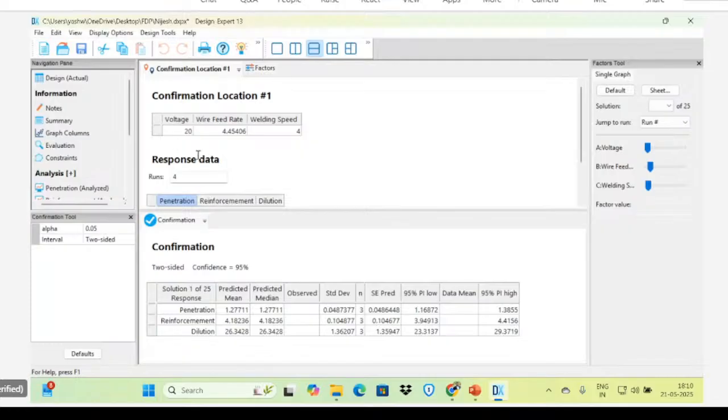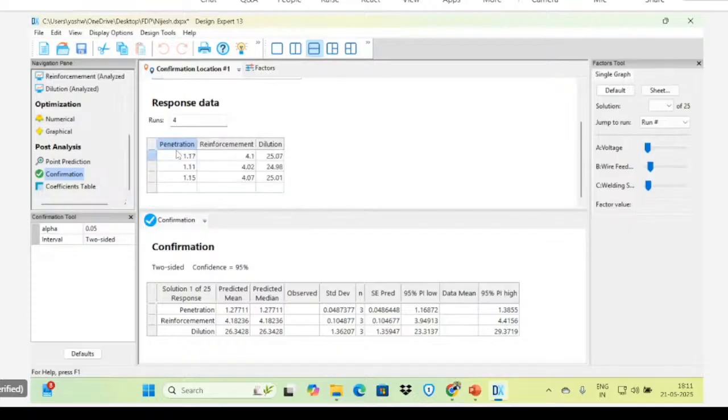And then we have to go for the confirmation test. So while experimenting, you keep these values, and we have to put the values that we are getting. So 3 times we have to go for the confirmation test. With the optimized parameters, you have to make 3 beads, and then all the 3 beads have to be cross sectioned and checked for penetration, dilution, and reinforcement.